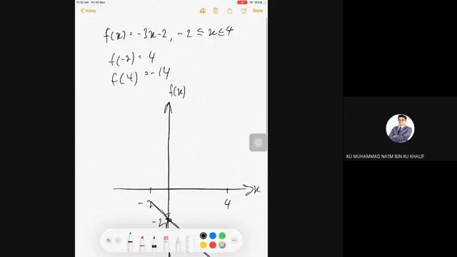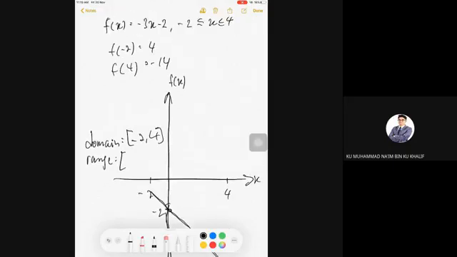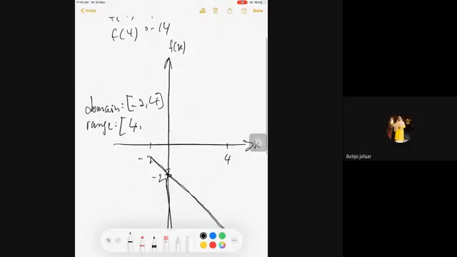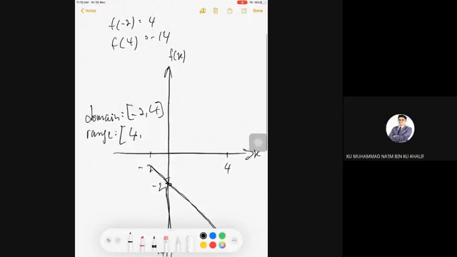Alright. So this one, the domain. Negative 2. Sorry. And then your range berapa? Your range tadi berapa? 4? Negative 14. Betul ke 4? Oh, negative 14, right?